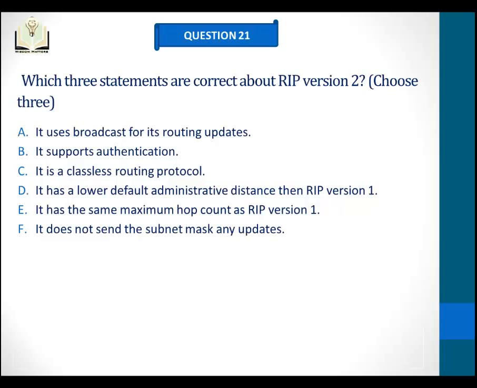E, it has the same maximum hop count as RIP version 1. F, it does not send the subnet mask in any updates. And the answer is B, it supports authentication, C, it is a classless routing protocol, and E, it has the same maximum hop count as RIP version 1.